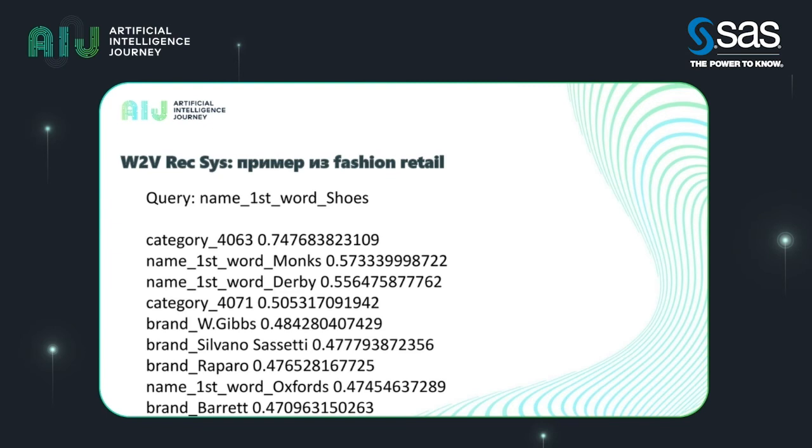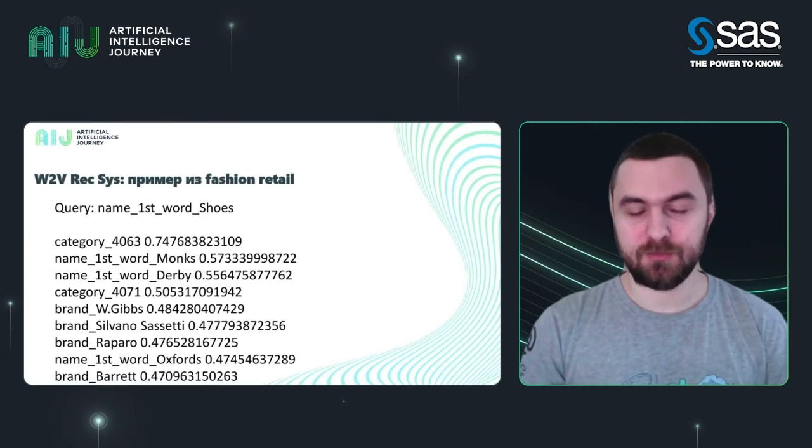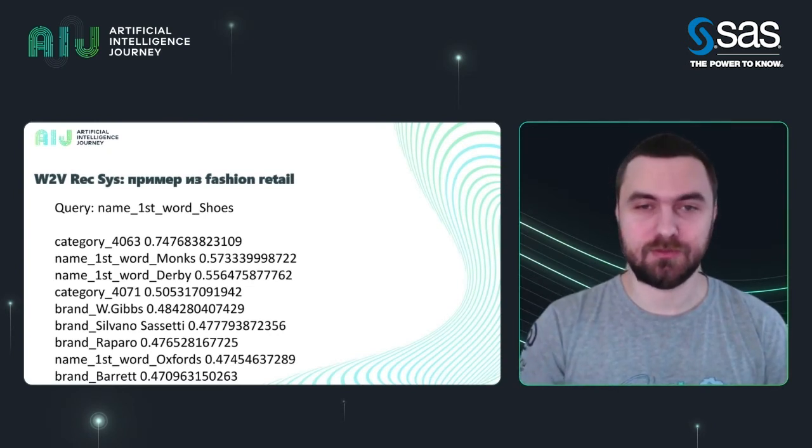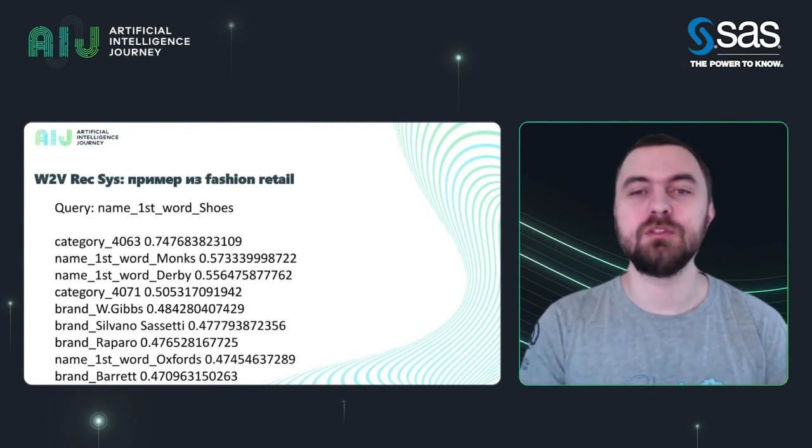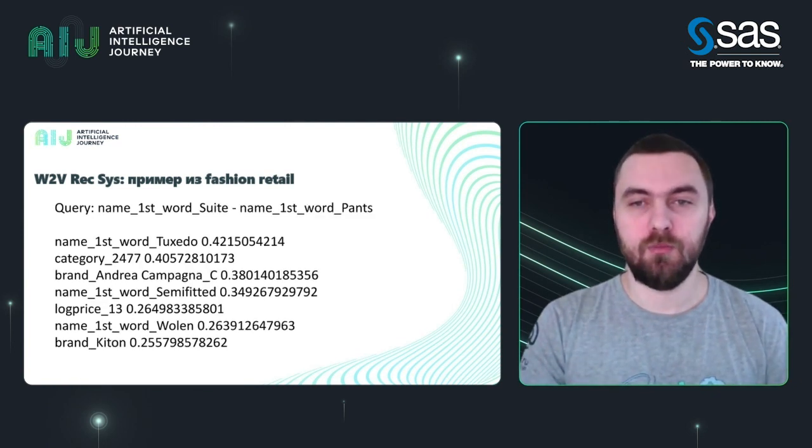We can do the same in abstract categories. For instance, we can choose goods where the first word in the name is shoes. And we can also find out that there are many categories: monks, derby shoes, and others. There are also certain brands that are mostly viewed in this category.